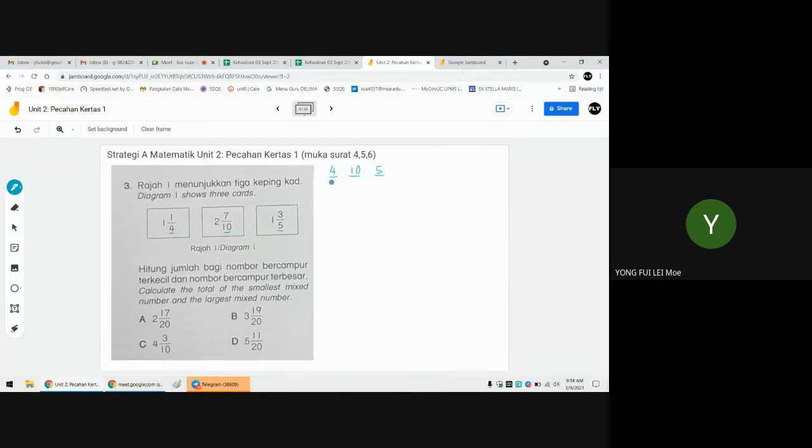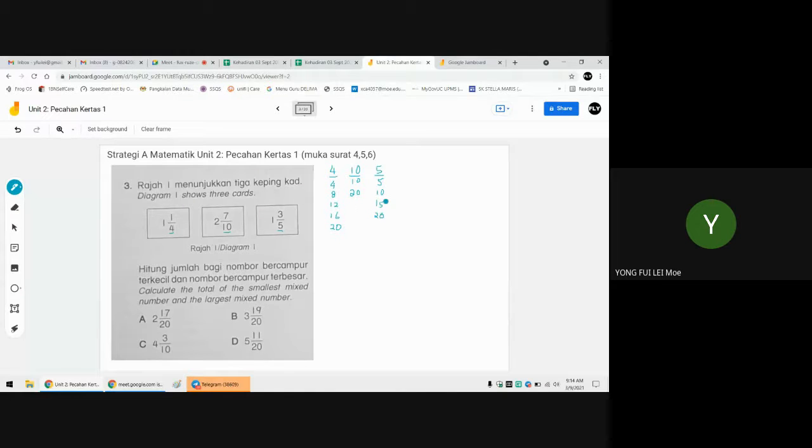Multiplication table of 4: 8, 12, 16, 20. Of 10: 20. Of 5: 10, 15, 20. These are multiplication tables.